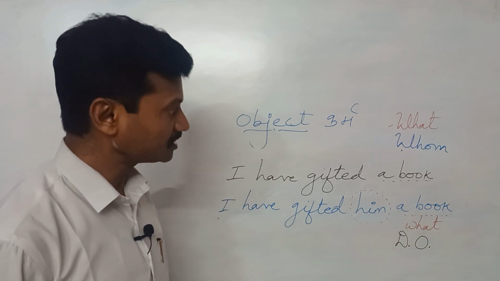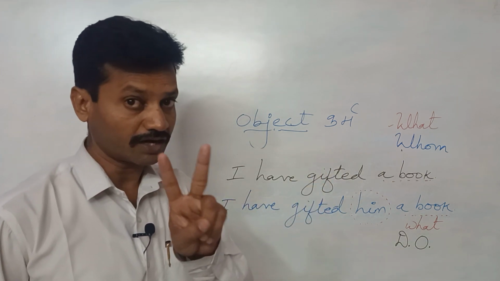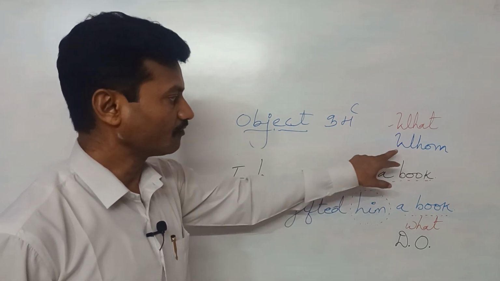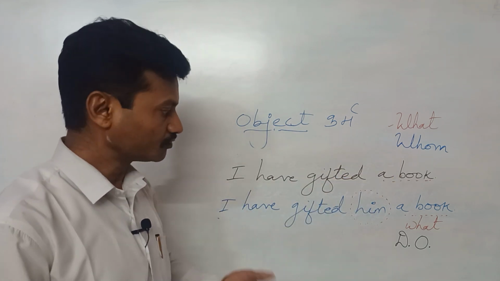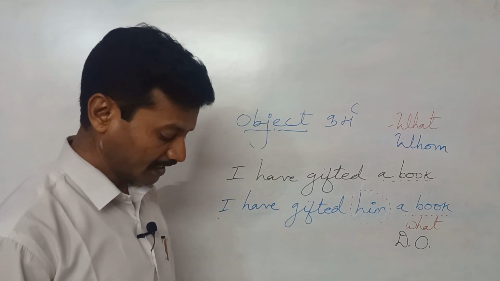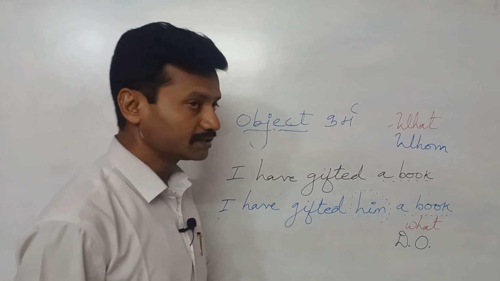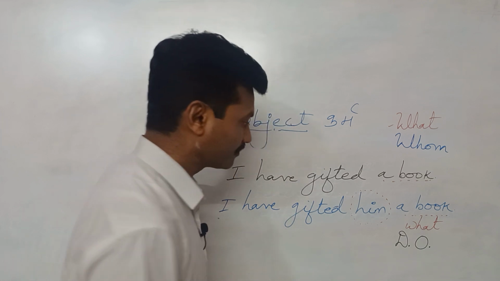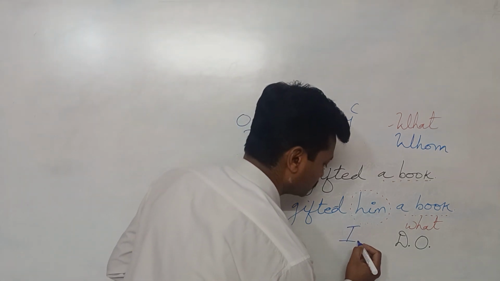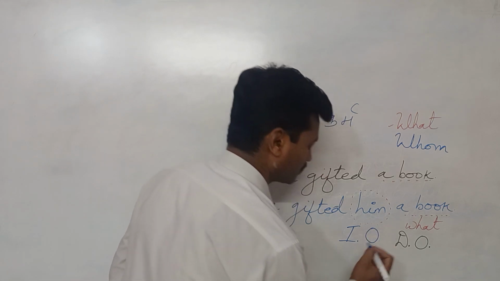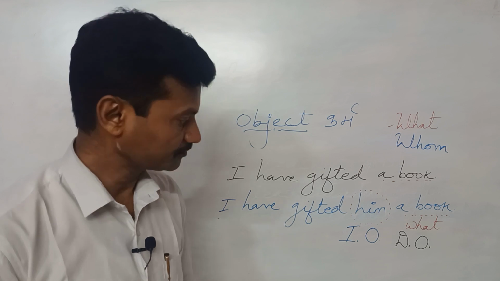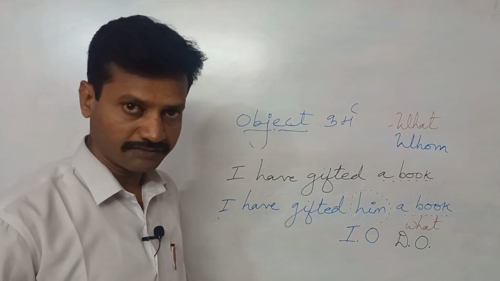And when you construct a question with the help of whom to get an object, that time the answer is the indirect object. Is it clear?